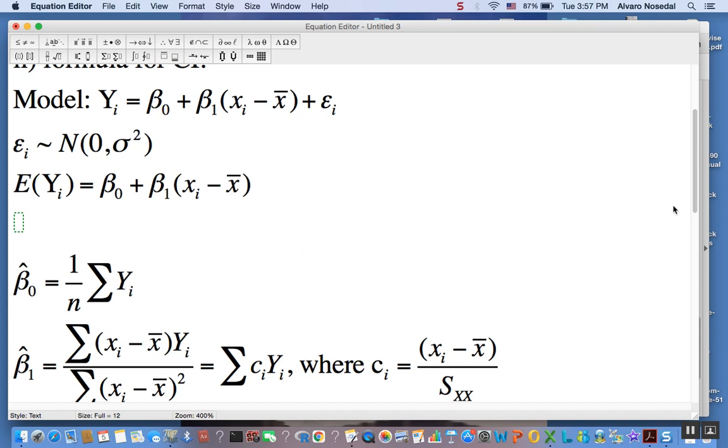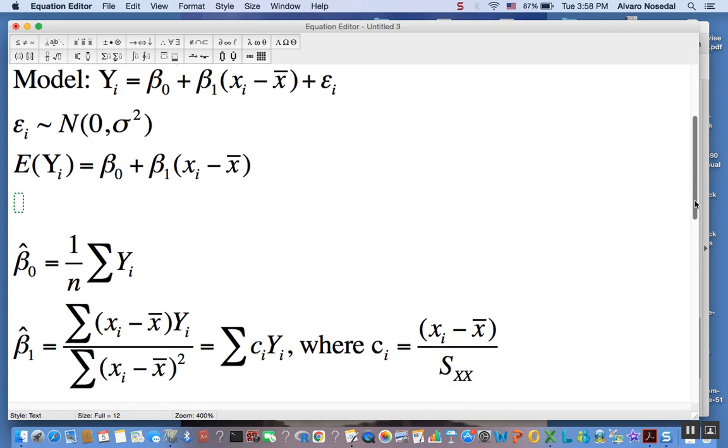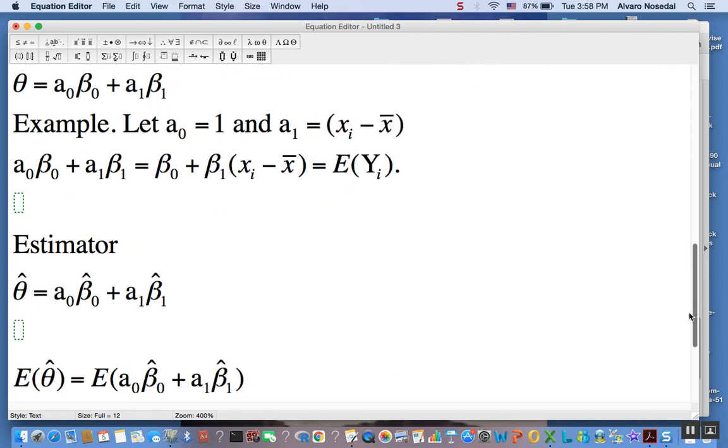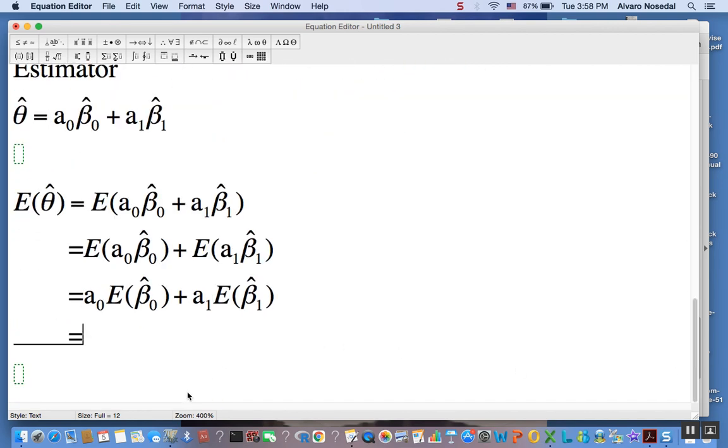You can easily show that the expected value of beta hat 0 is beta 0. And you already know, we did that together in detail, that the expected value of beta hat 1 is beta 1.